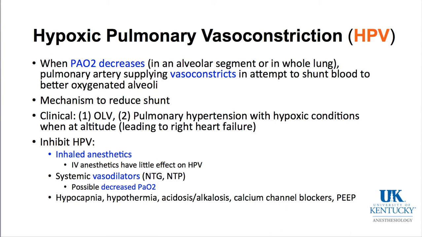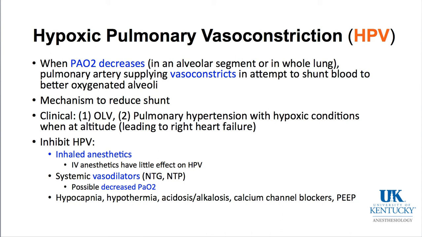Some of the things that we do inhibit hypoxic pulmonary vasoconstriction, and our inhaled anesthetics do so, but clinically have not a big effect on oxygenation. But with inhaled anesthetics, we can measure an inhibition of hypoxic pulmonary vasoconstriction, as opposed to intravenous anesthetics like propofol, which have little effect on HPV.